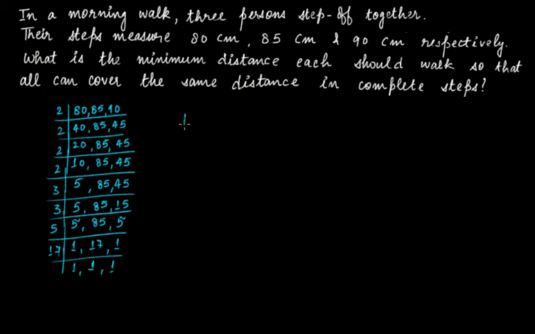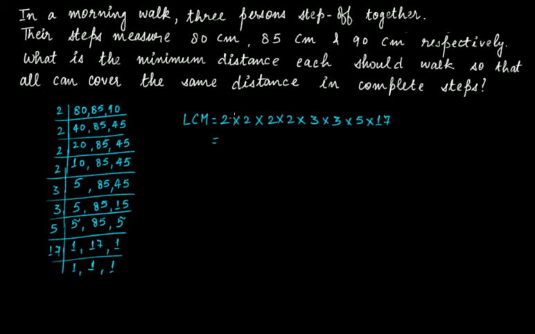So your LCM will be 2 times 2 times 2 times 2, 4 times, then 2 times 3, then times 5 times 17.